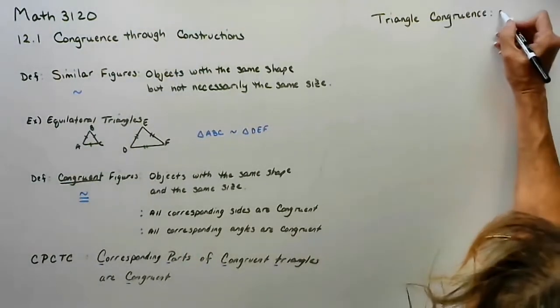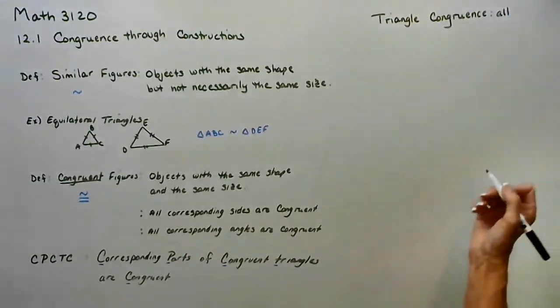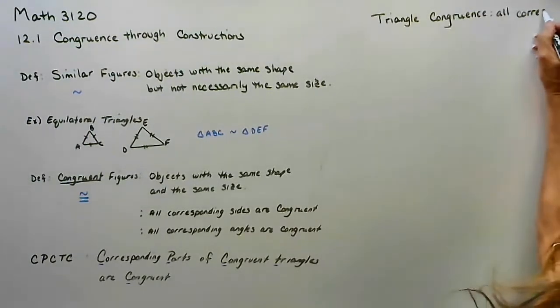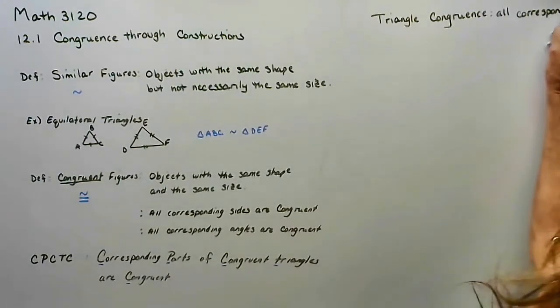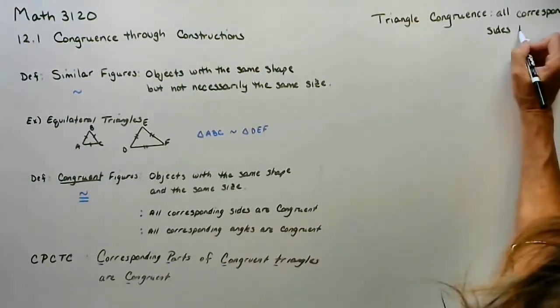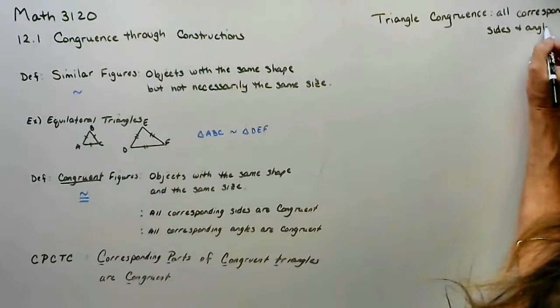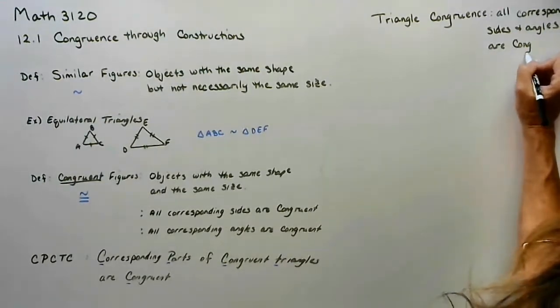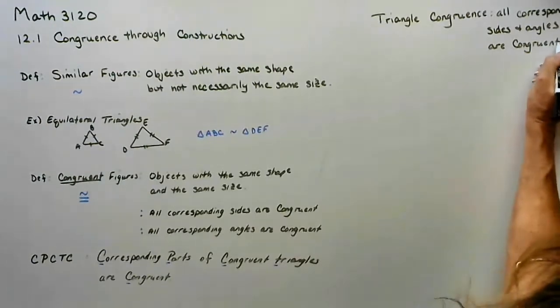Okay. I have a little bit of room left. All corresponding sides and angles are congruent. So we're going to sketch a shape.